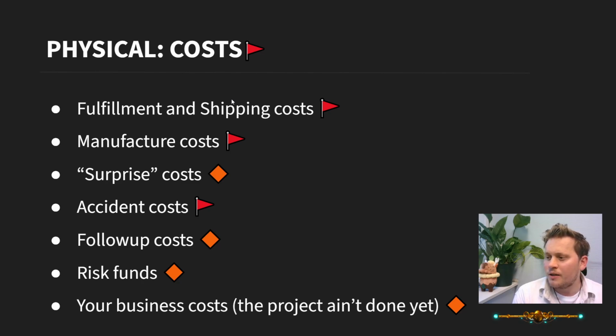So if you're learning, I would ask your fulfillment house, or your shipping center as it's sometimes called, you need to get a price quote or an overview of what things cost.